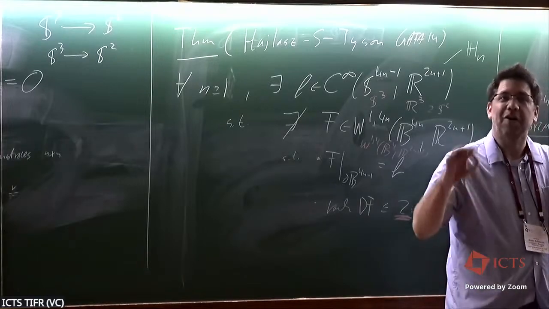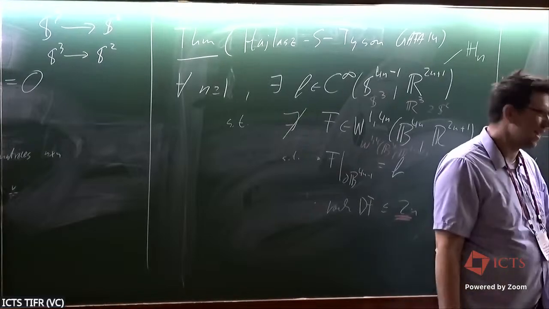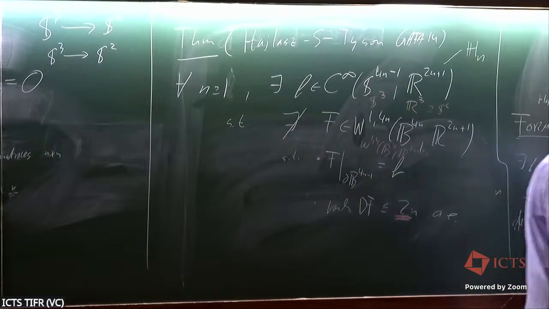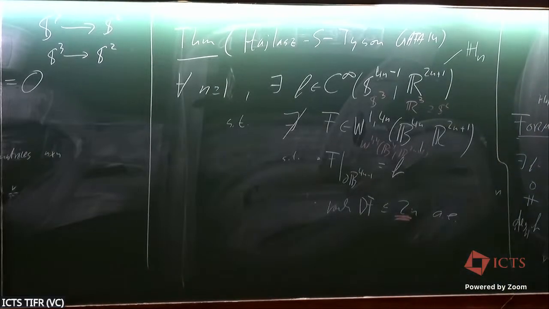Now, the good news is somehow they are classified, which is crazy, but this is Sullivan and Novikov. There is this notion of rational homotopy group, which I like to say is simply if the homotopy group is Z, it's not Z_2 or something, it's Z, then such a formula exists.